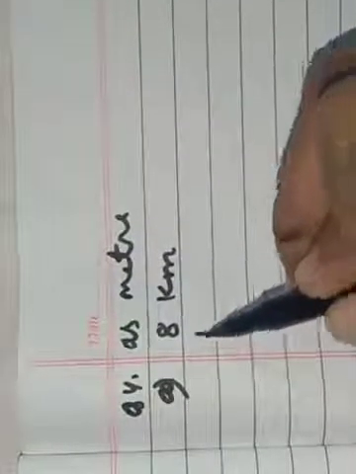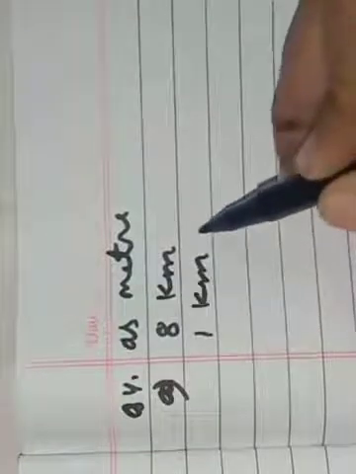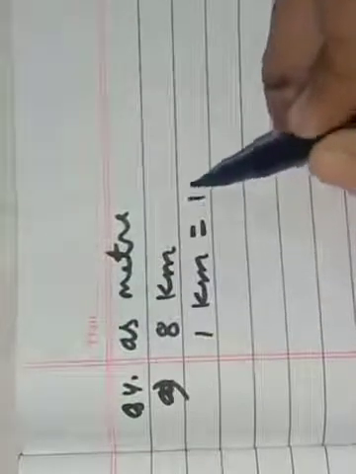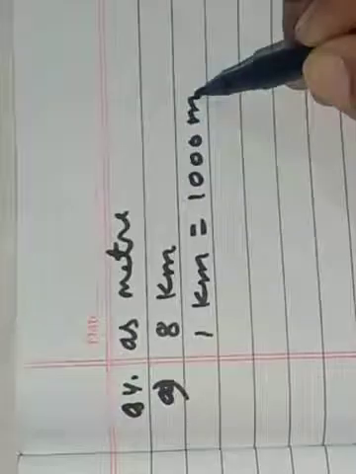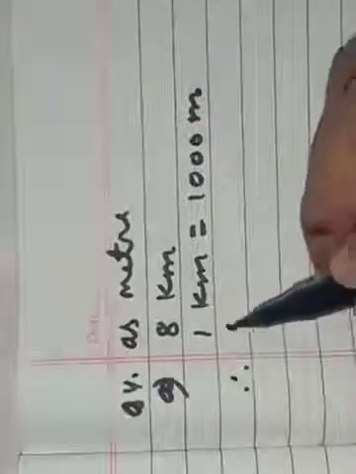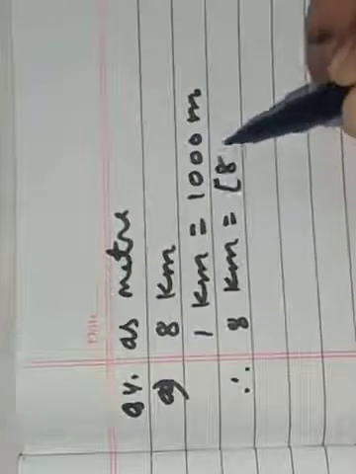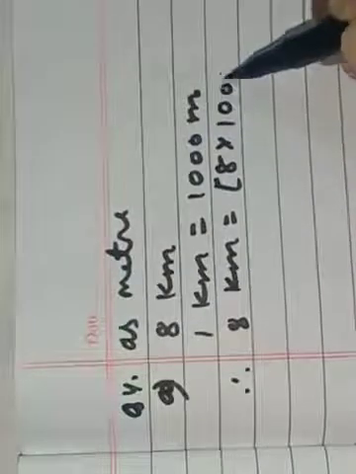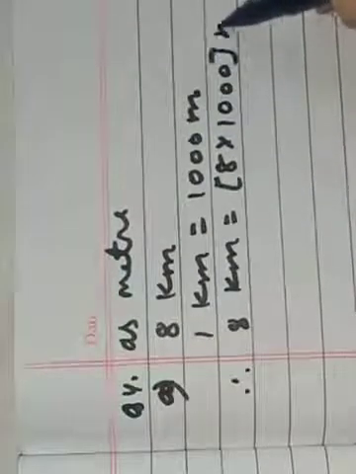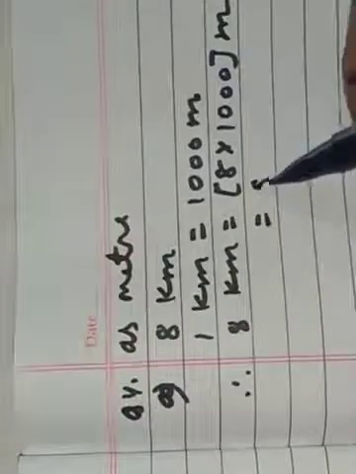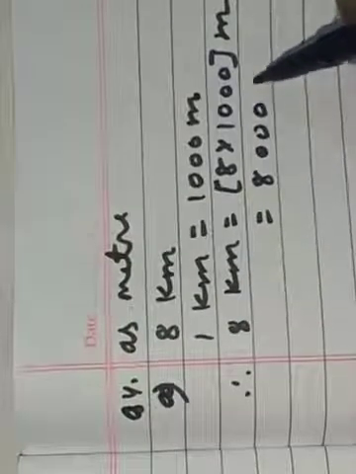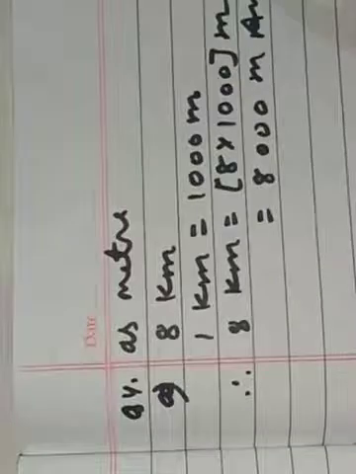Okay, so let's start. As we know, 1 kilometer is equal to 1000 meter. Therefore 8 kilometer is equal to 8 multiplied by 1000 meter is equal to 8000 meter. Answer. Okay.